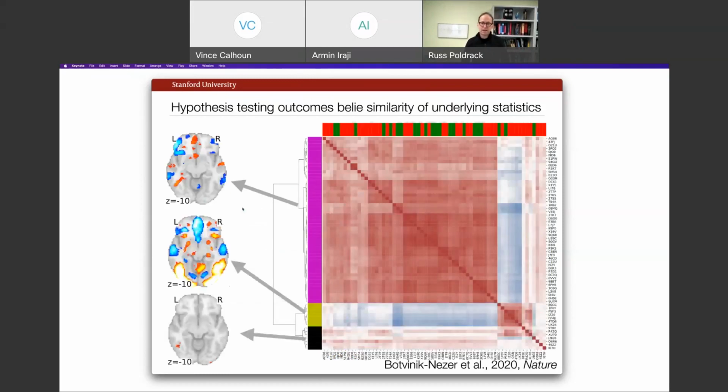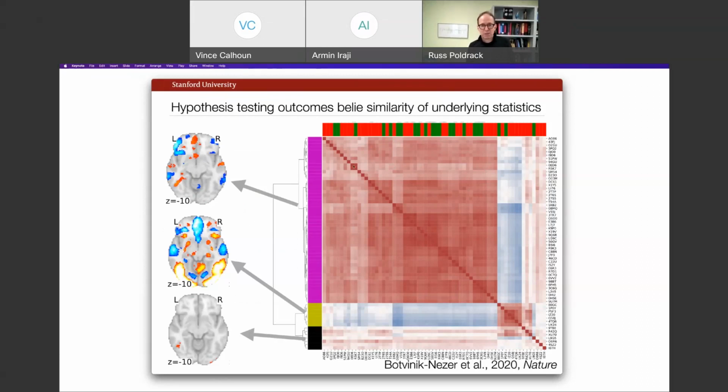Now, interestingly, this is a correlation matrix heat map of the whole brain statistical maps, the Z statistics. What we see is that there's one group of teams that are pretty highly correlated with one another. The red and the green at the top tell us whether the team reported a positive or a negative outcome for the hypothesis test being tested.